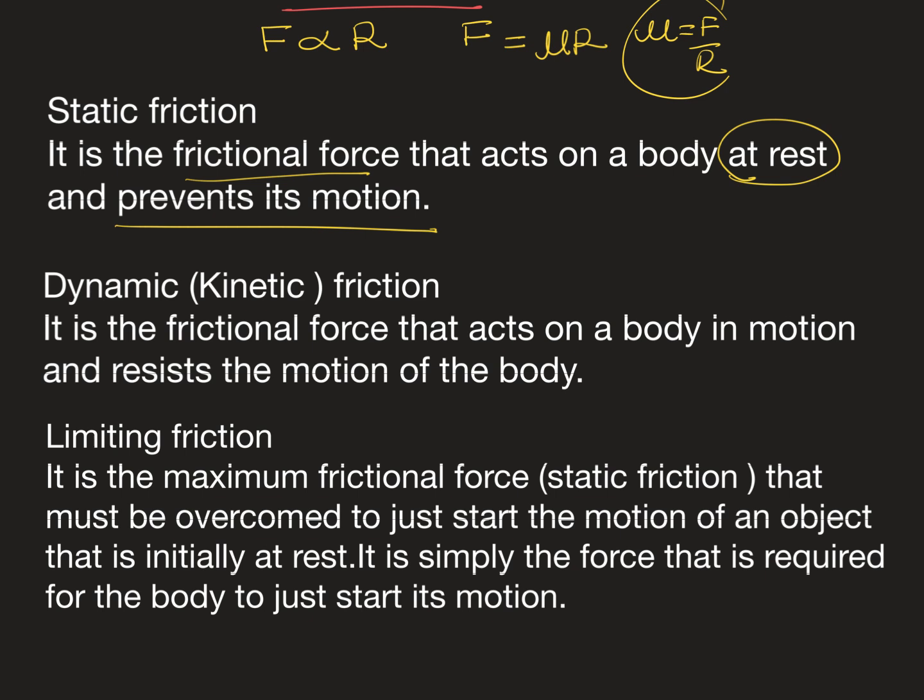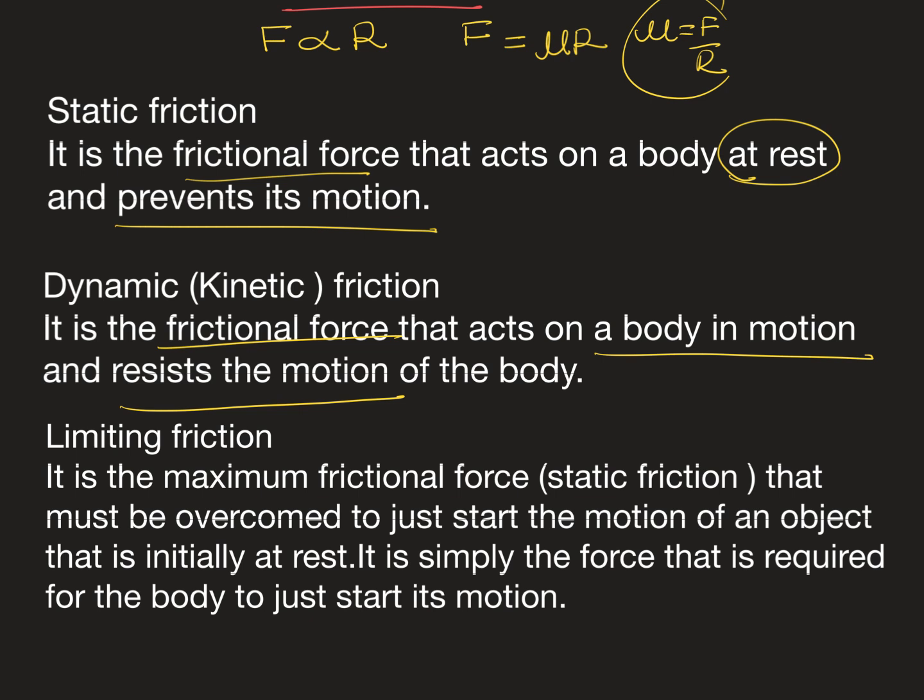But what if the body is already in motion? Again, it is subjected to a frictional force that we call dynamic or kinetic friction. Dynamic or kinetic friction is the frictional force that acts on a body in motion. And what does it do then? It resists the motion of the object.